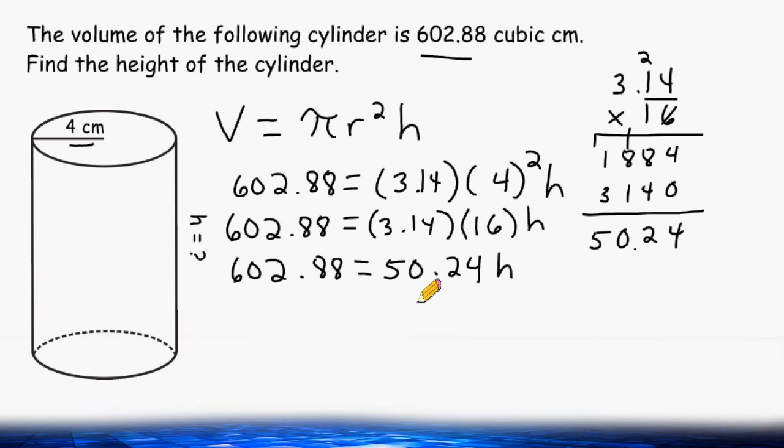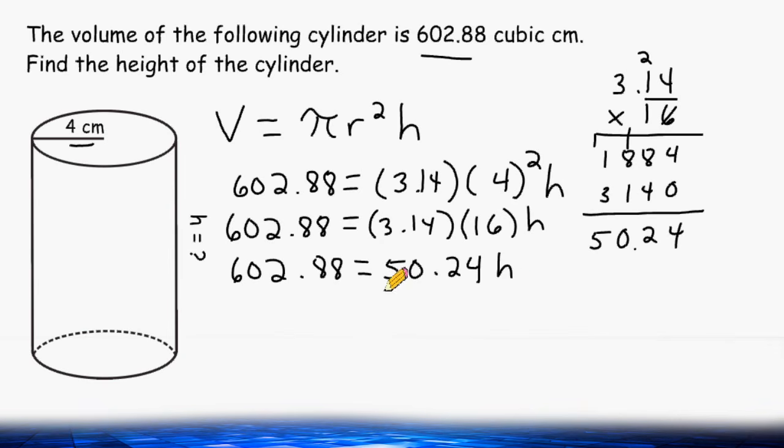Now what we have to do is figure out what we would multiply 50.24 by to make 602.88, which is the volume. And to figure out what we multiply something by, we just do the opposite of that, which is to divide. So we are going to use a little bit of algebra to isolate the h variable.